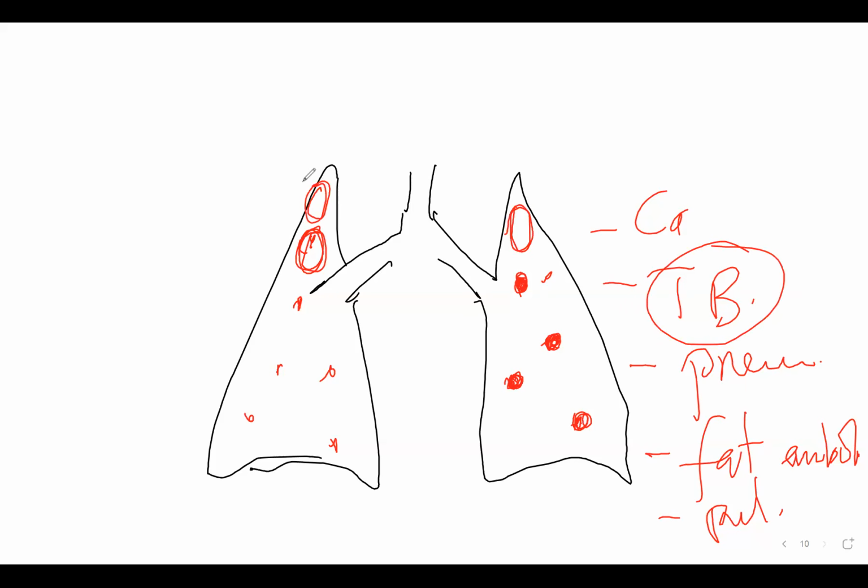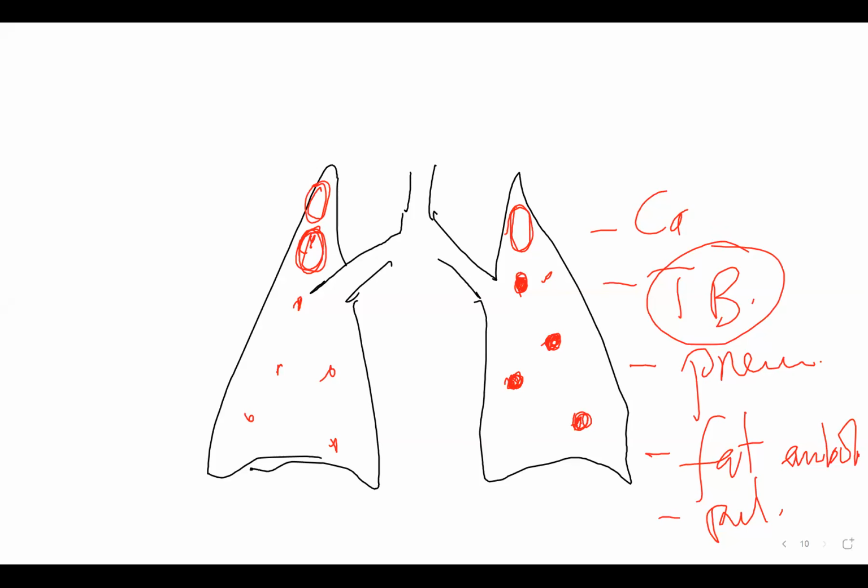They usually occur in well-aerated parts of the lung, which is the upper part of the lungs. Yes, but there are some other conditions where you can see cavities aside from the typical tuberculosis that usually occurs in the upper parts of the lungs.